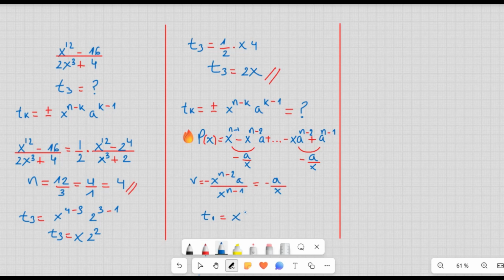We clearly identify our first term, t1, which is x raised to the n minus 1. Our second term, t2, turns out to be minus x raised to the n minus 2 multiplied by a. And our third term, t3, follows the same pattern, being x raised to the n minus 3 multiplied by a squared.